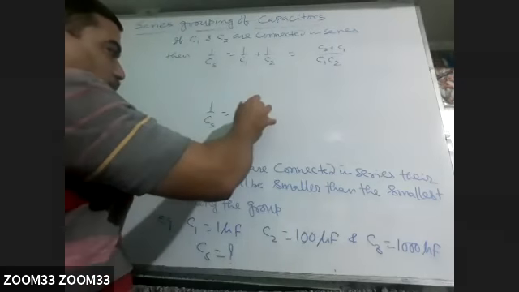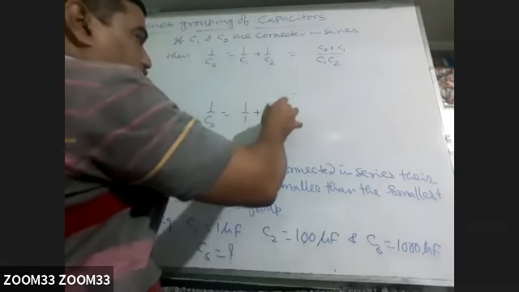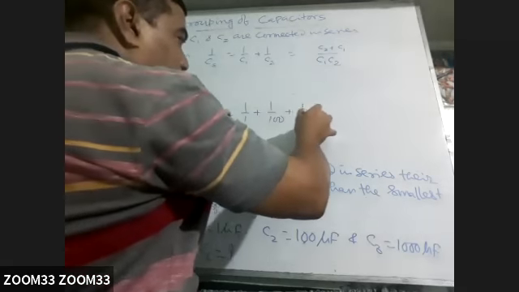So 1 by 1 plus 1 by 100 plus 1 by 1000. That is 1000 by 1011?